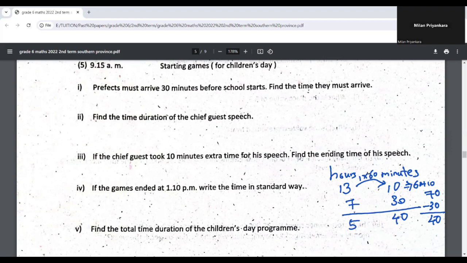The total time duration taken for this Children's Day program will be 5 hours 40 minutes. So this is how you can solve this problem. This is very simple, and you can get some good marks when you solve this kind of problem, right?